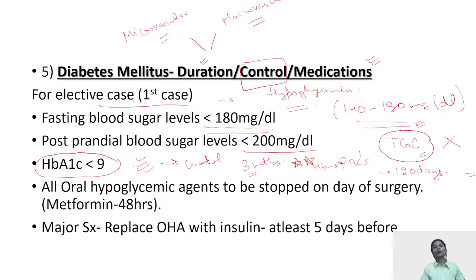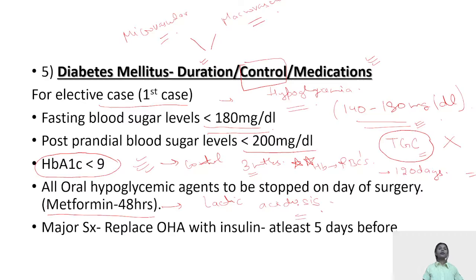All oral hypoglycemic drugs have to be stopped on the day of the surgery, with the exception of metformin, which has to be stopped 48 hours prior to surgery because this leads to lactic acidosis.